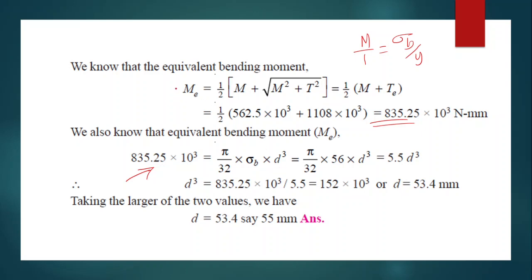Then we can substitute the value of Me from this equation, and we can calculate the value of d, that d is equal to 53.4 mm. By using the equivalent bending moment, we get d as 53.4 mm.